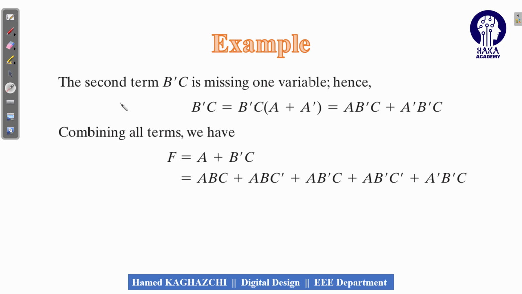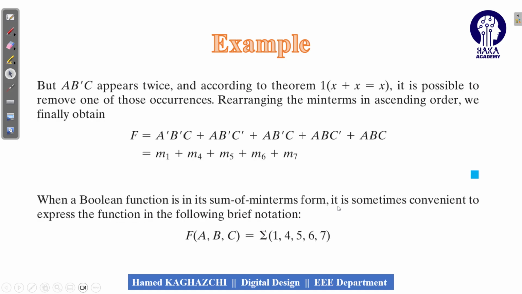Okay, let's continue. Now, if I write the corresponding minterm, A prime B prime C is M1, A B prime C prime is M4, A B prime C is M5 up to the end. Now, we prefer to represent the sum of minterm of a Boolean function in this form.